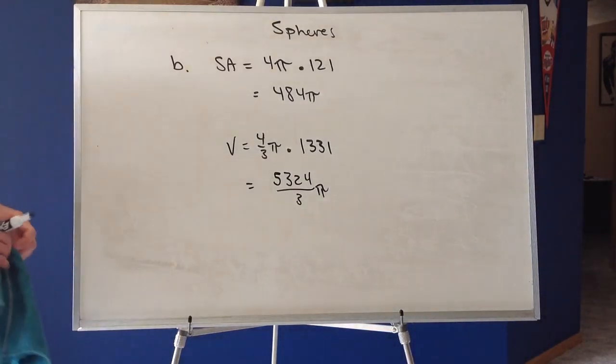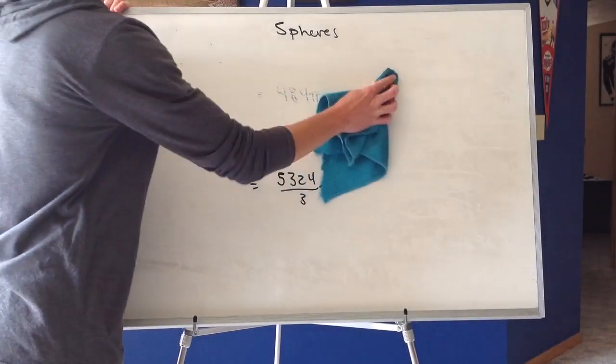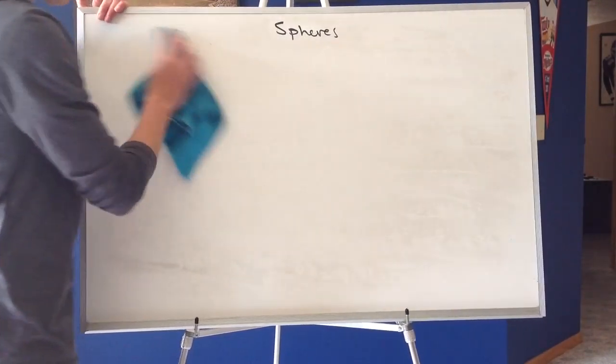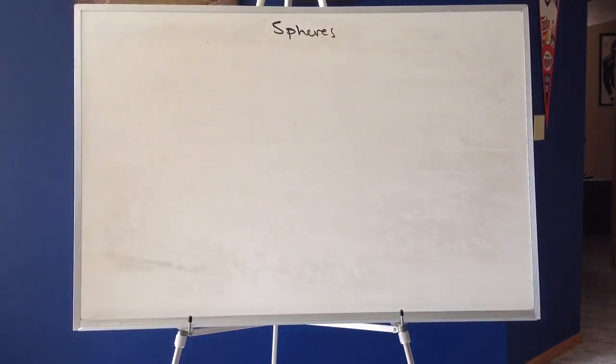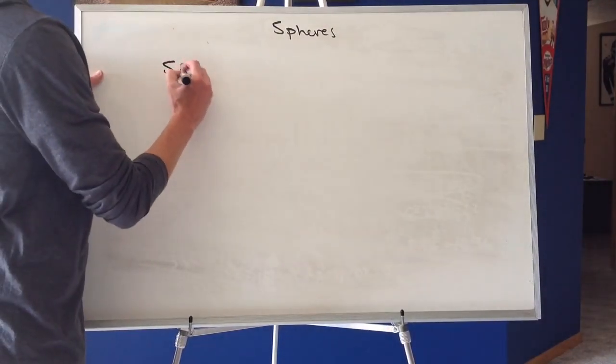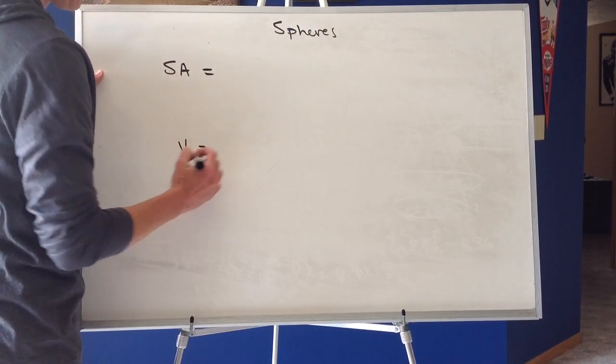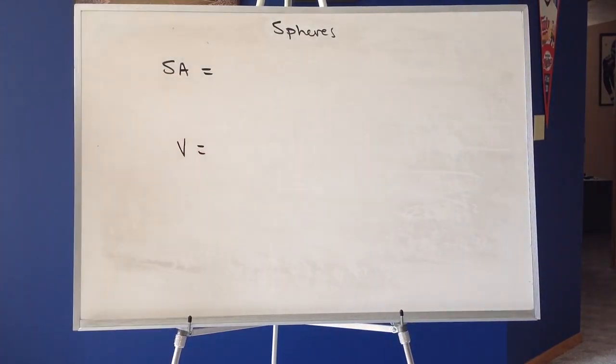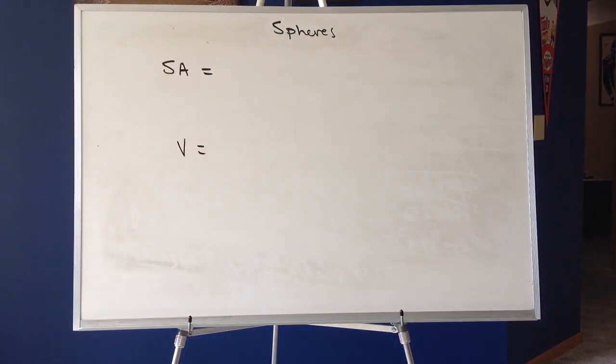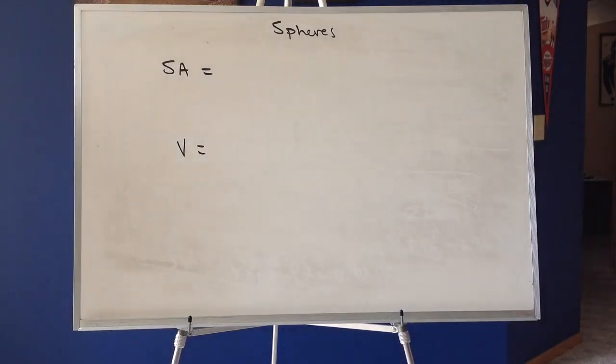Next we're going to look at the hemisphere, which is just half of a sphere. Sometimes we have to deal with these as well, so for the surface area and volume of a hemisphere this time. For surface area, a lot of you probably think, well, don't I just take 2 pi r squared, because the other one was 4 pi r squared?